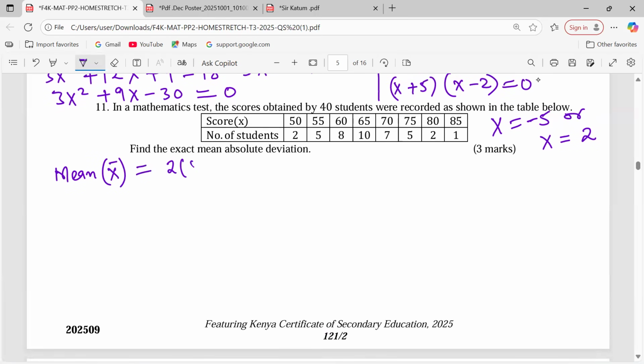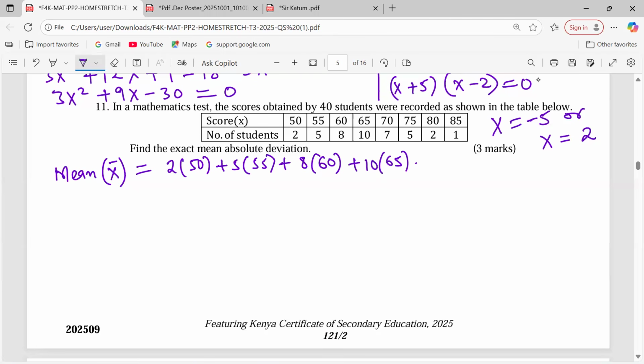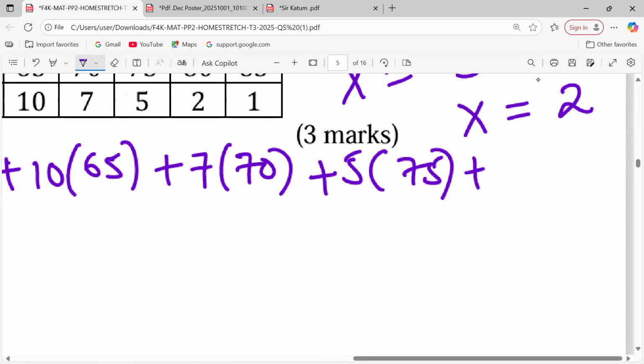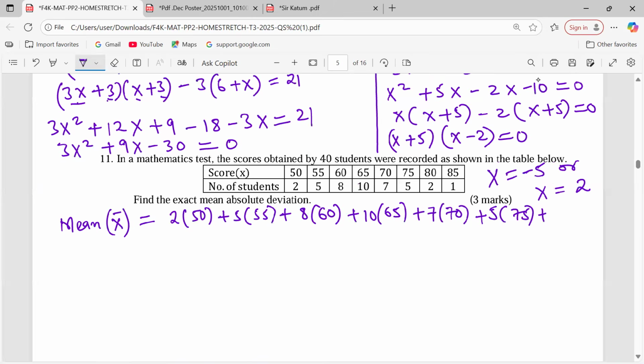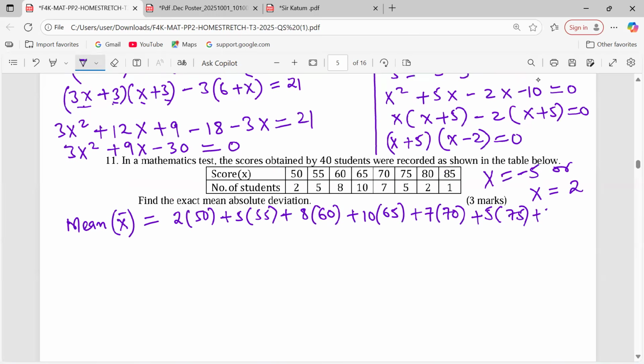2 students, each with 50, 5 students, each with 55, 8 students, each with 60, 10 students, each with 65, 7 students, each with 70, 5 students, each with 75, 2 students, each with 80, sorry for that, then 1 with 85.